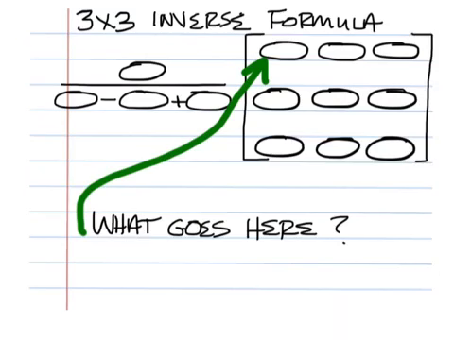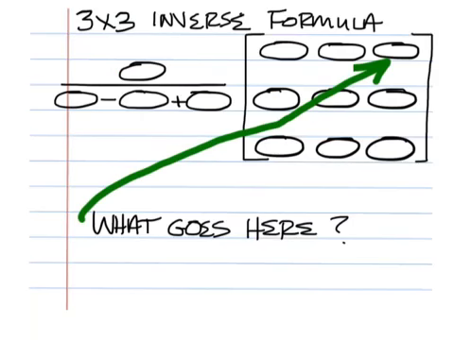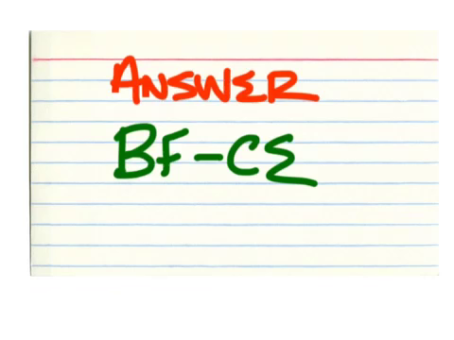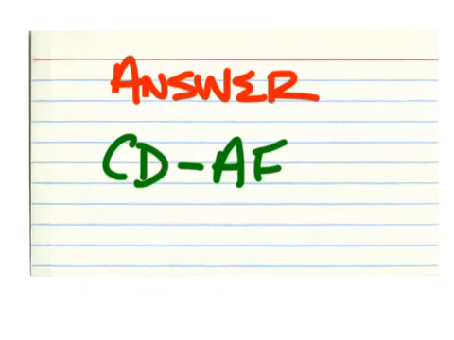That should be negative. Just negative. Yeah. DI minus FH. BF minus CE. CD minus AF.